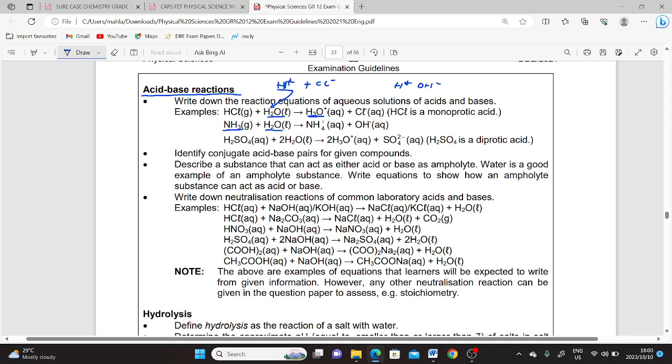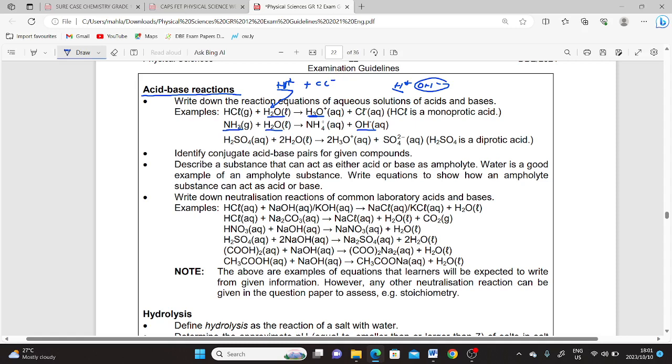This H2O donates H to NH3, then we have NH4+. Since the water donated the hydrogen, it becomes OH-.